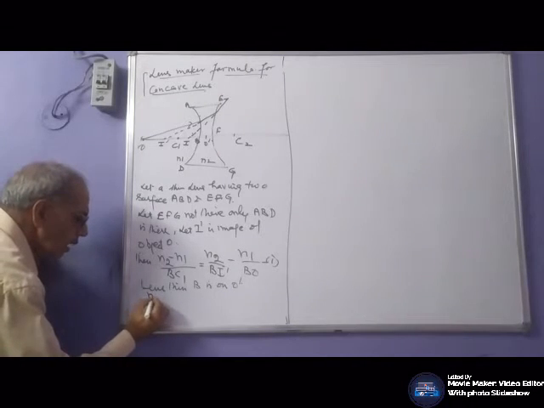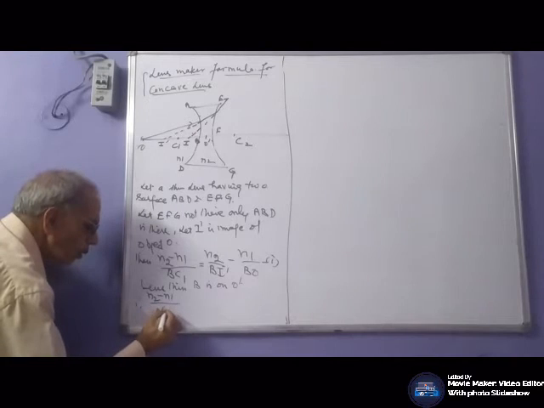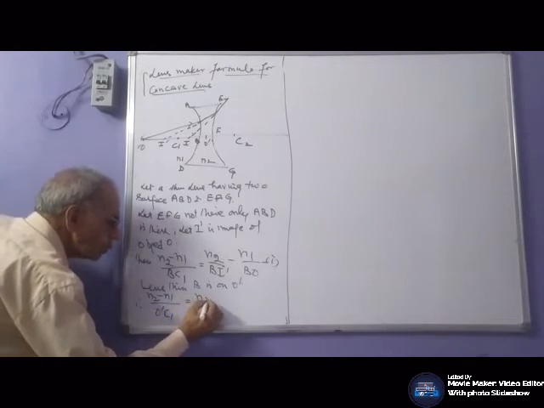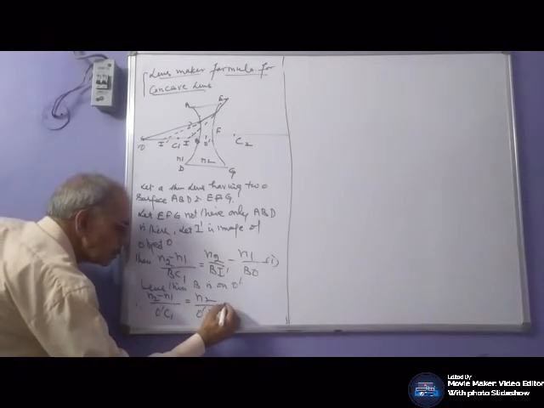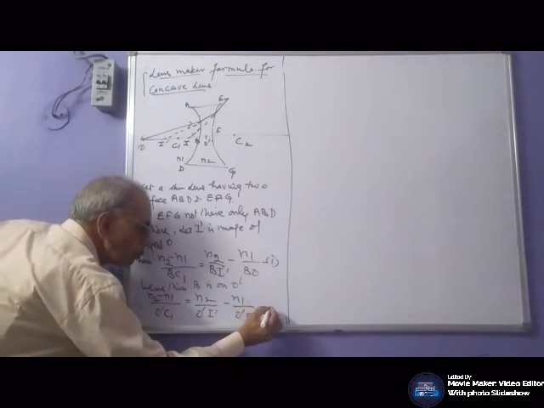Therefore, N2 minus N1 by O dash C1 equals N2 by O dash I dash minus N1 by O dash O.